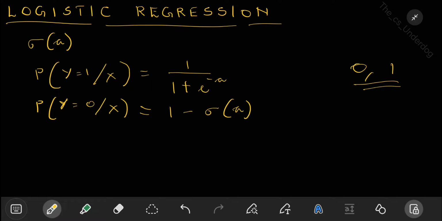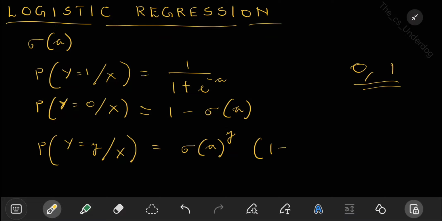How can you now generalize this and write it in a single equation? How do you generalize these two things? This can be generalized as probability of y given x is equal to sigmoid of a to the power y into 1 minus sigmoid of a to the power 1 minus y.